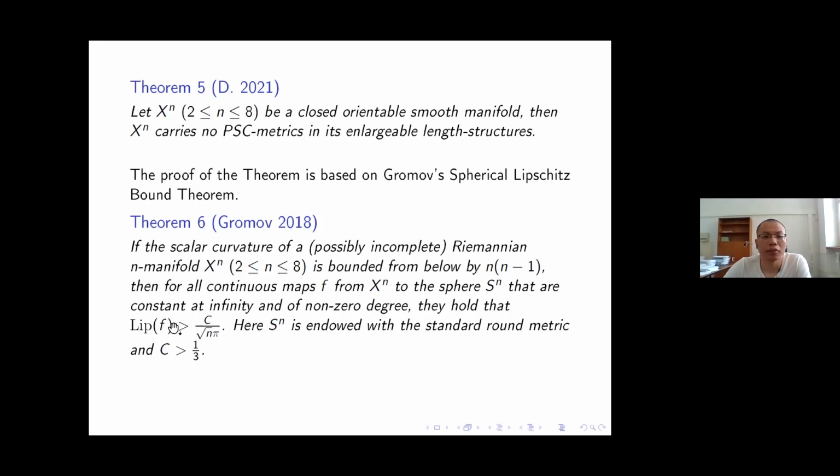And Gromov wants to improve the constant. The goal would be that the Lipschitz constant is bounded below by 1. But up to now it is still far away. We can only show that at least the constant is not less than 1/3, and we cannot prove that the constant will be bigger up to now.